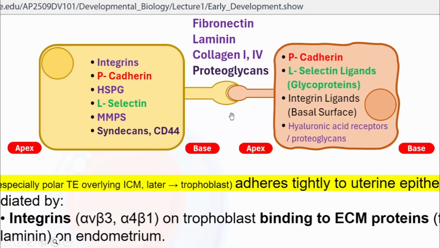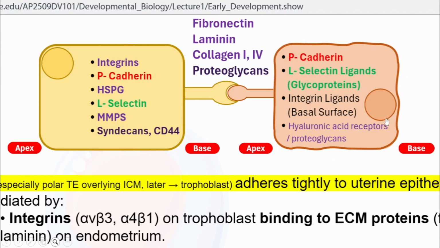As you can see, we have two cells. Here we have the cell of trophectoderm, and here we have the cell of uterine endometrium. First of all, let's look at the polarity of the cells, that is, which surface of one cell faces which surface of the other. The basal surface of the trophectoderm will face the apical surface of the uterine endometrial cell.